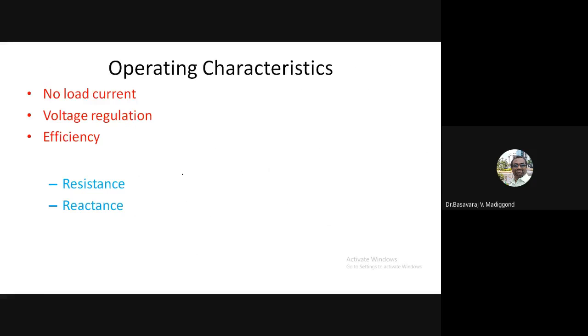Are you able to link what I'm explaining? See, I have started with we are finding out the operating characteristics out of which we are discussing about voltage regulation. So to know the voltage regulation, we must know what is the resistance. So I am discussing about the resistance of the transformer windings, primary and secondary.